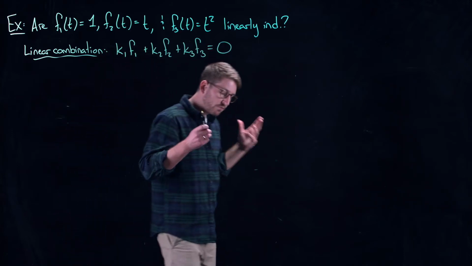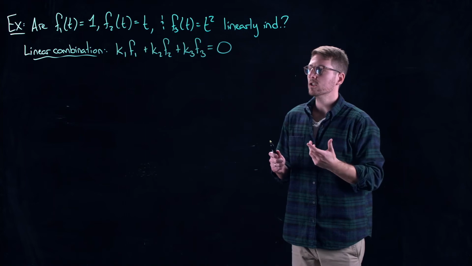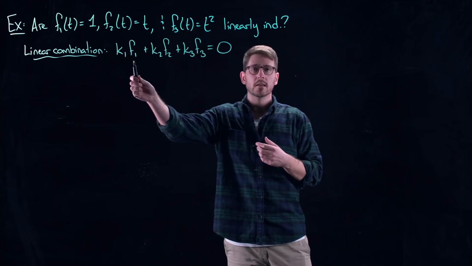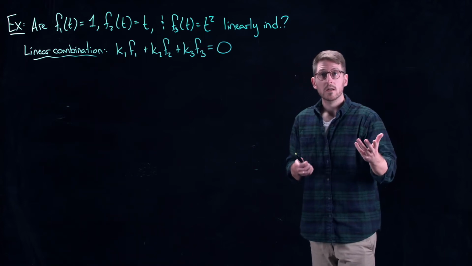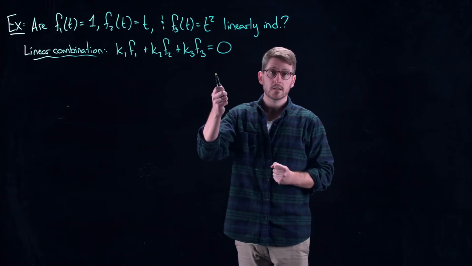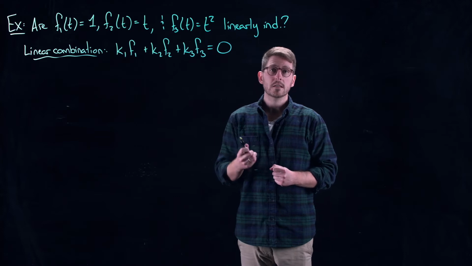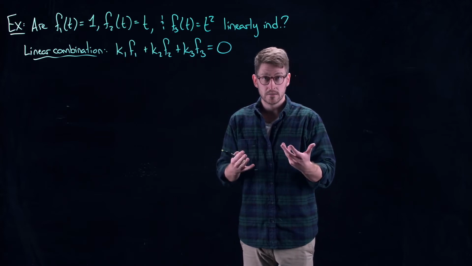Now, when you did this with vectors, you needed to show that the only way to satisfy this is if k1, k2, and k3 are all 0. If there's a non-zero solution to this, then these are linearly dependent.